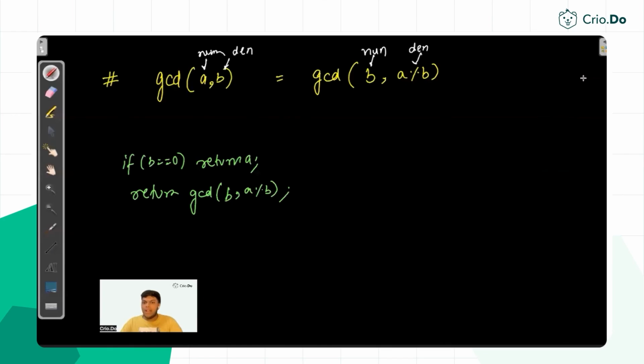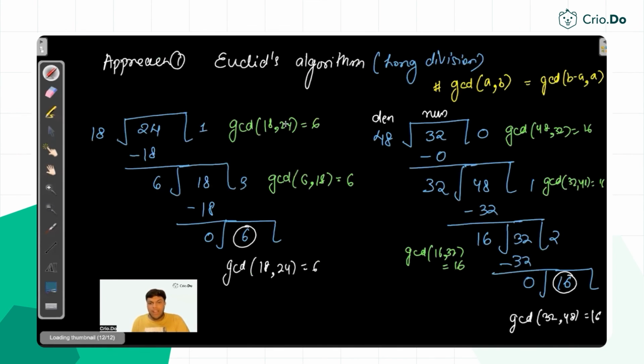But what is the time and space complexity associated with this code? See, for GCD of A comma B, if we are using this recurrence relation, every time we are trying to subtract the biggest multiple of the smaller number. From 24, 18; from 18, 6 into 3, the biggest multiple of the smaller number.